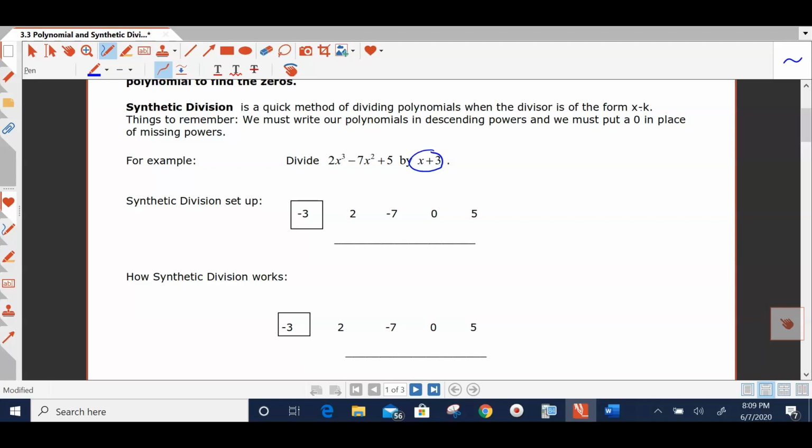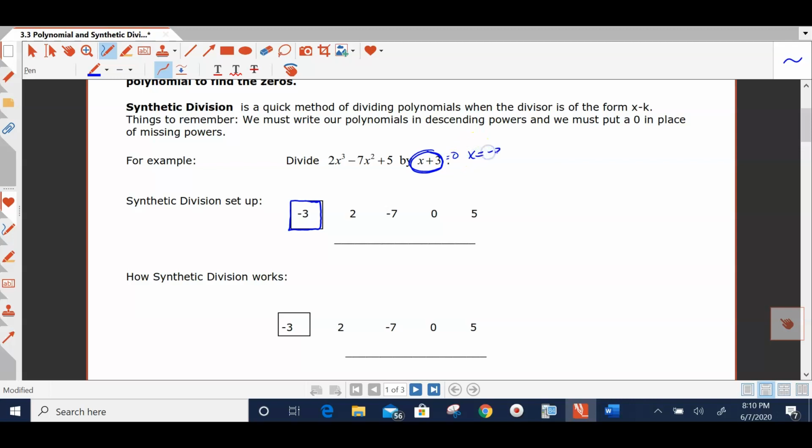So let's look at how synthetic division works. We're going to have a box right here. Then we'll have a number in the box and then numbers following the box. The way we place our numbers in a synthetic division problem is this. We're going to look at our divisor, and it's almost like we're setting it equal to 0.